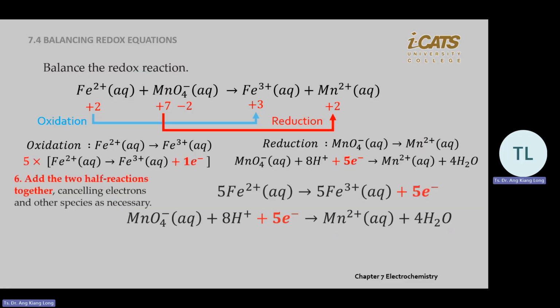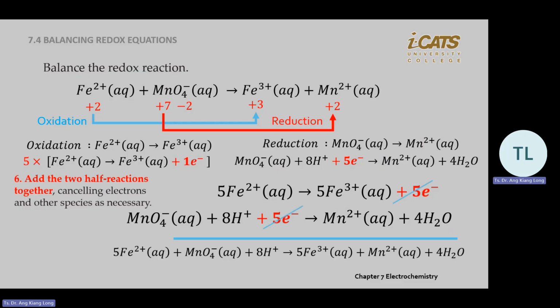Align with the arrow, draw a straight line, pull down, and you balance the equation. Remember to cancel the electrons in your answer, just slash them. So this one will be the final answer.